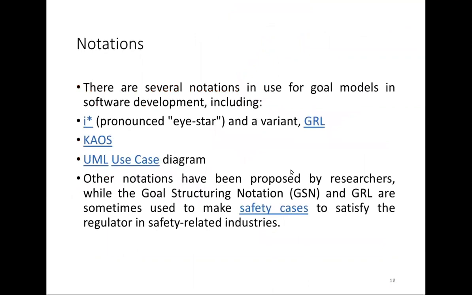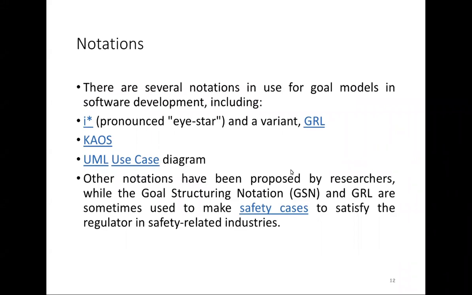There are many notations that can be used to model goals, based on which methodology you employ. At the end of the story, the goal model is a hierarchy. How you're going to represent this hierarchy and what the purpose of the hierarchy is will differentiate between different goal modeling techniques.